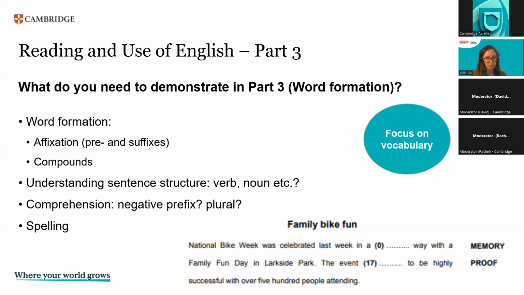Well, we need to show that we have vocabulary knowledge that includes word formation, so prefixes, suffixes, the use of compounds as well, that we can understand sentence structure, so we know when to use a verb or when we need a noun. That we also have an understanding of the text that allows us to choose maybe a negative prefix or a plural form, and then of course that the spelling is right.